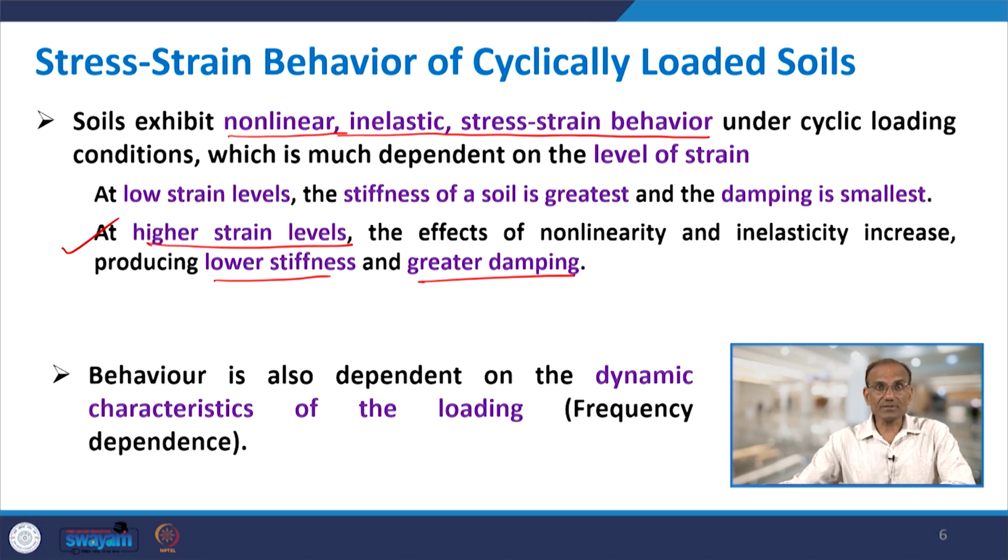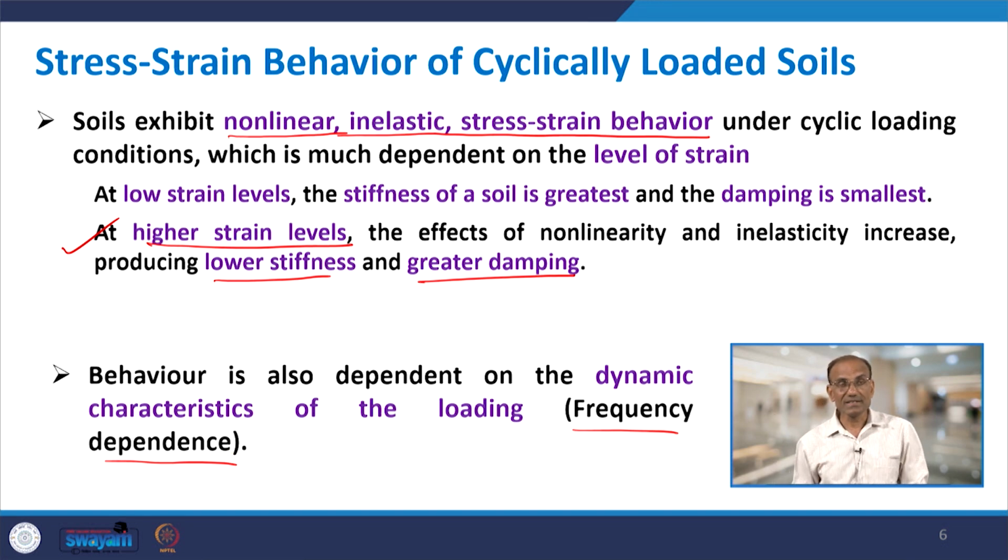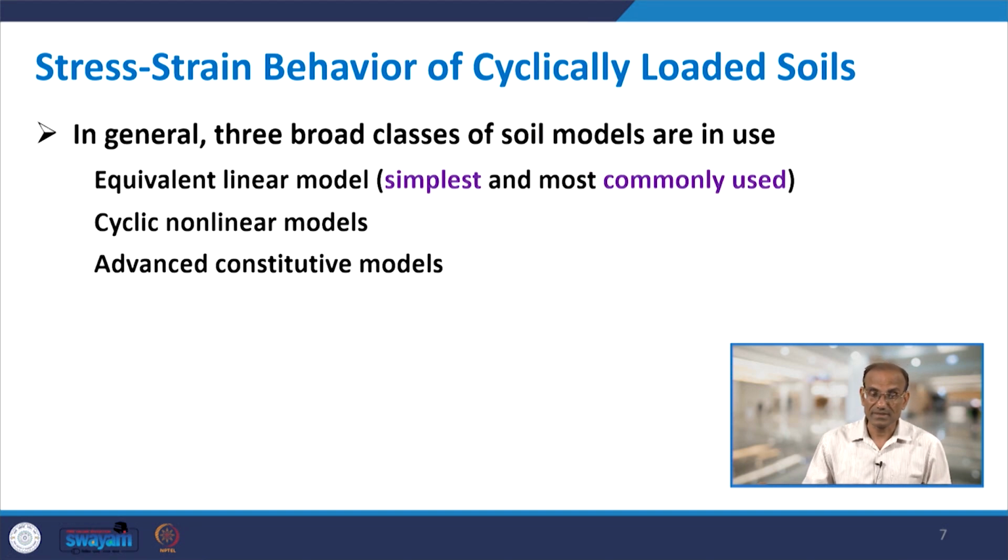The behavior is also dependent on the dynamic characteristics of the loading, which is frequency dependence. So that is the issue here. On one side the behavior depends on the strain level, that is, with the level of strain the dynamic properties of the soil change, and second, for dynamic loading, when you change the frequency of excitation, the properties also vary with frequency.